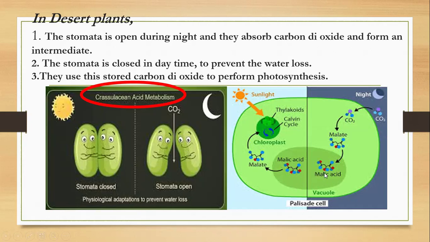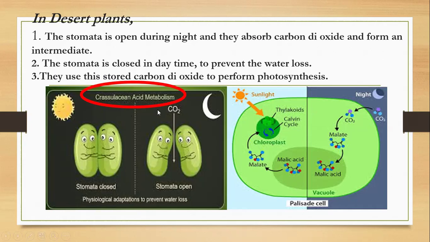And whenever the carbon dioxide is required, in that daylight situation, they form an intermediate, and from that intermediate they release the carbon dioxide within the cell. Okay, and in that sun, the rest of the process is going on.